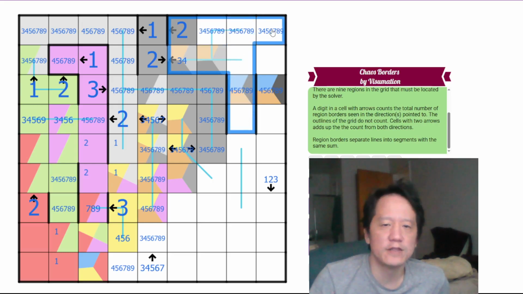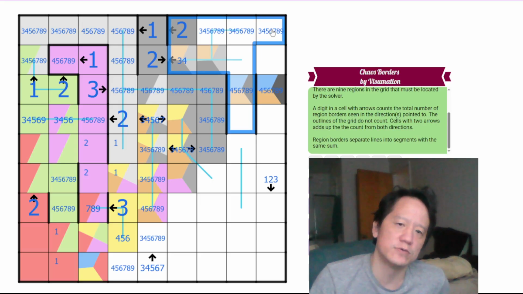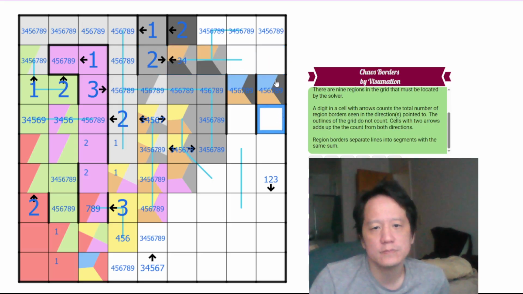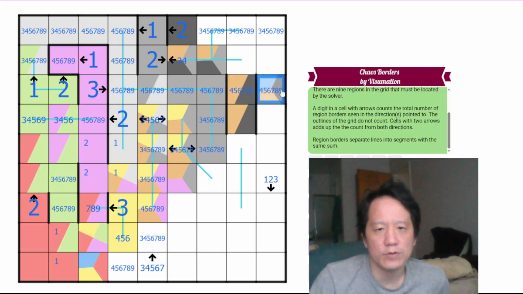Okay, so say you had something like that. That is possible, right? 1, 2, 3, 4, 5, 6, 7, 8, 9. And then this is a separate region because this would have two regions here. Let's not make it blue, I guess.